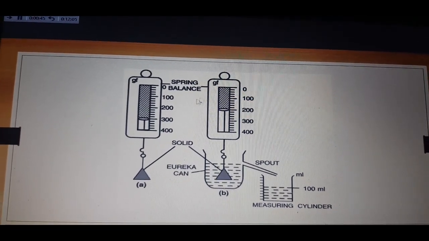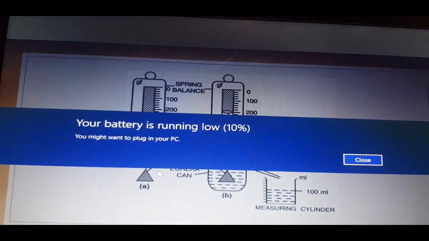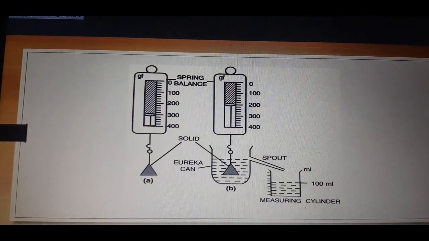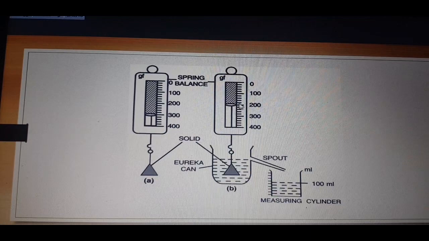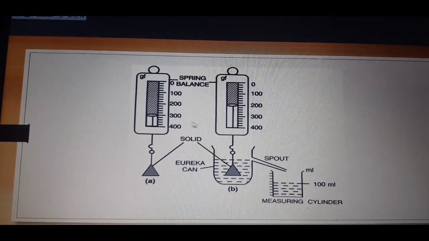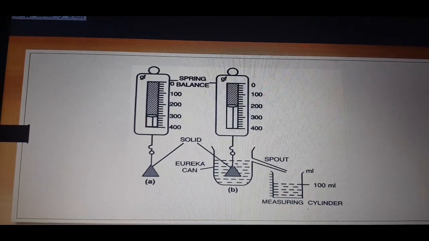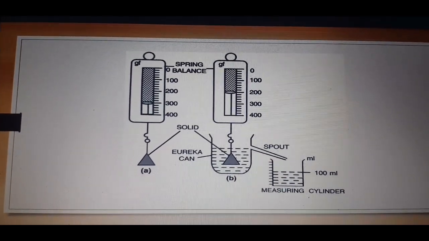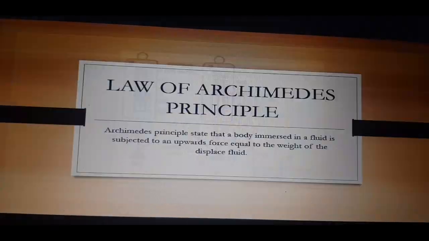When we put the same object with the same mass in water, from 300 in space, it will reduce by 100 when we put it in water. So this is what we call bodies in a liquid.